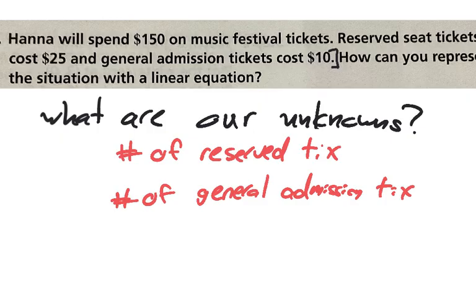What do we do in math when we have something we don't know, or in computer science, something that can change? We create variables. So let one be X and one be Y. Does it matter which one's which? No, doesn't matter. Is everybody okay with that? That's step one whenever you get a word problem like this: identify my unknowns.